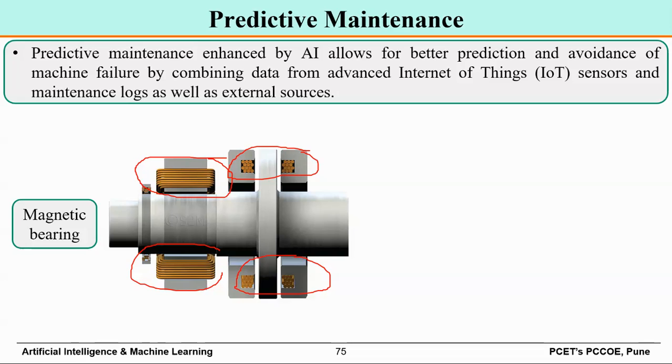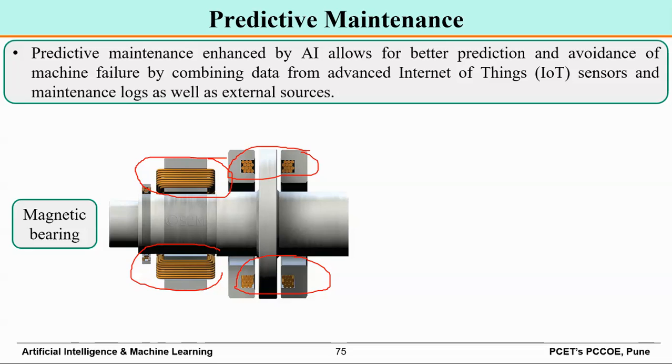Can you imagine this particular technology? Very interesting, no? So only magnetic field is there, and that is allowing the shaft to rotate in the air, and it is also restricting the axial movement as well as radial movement.